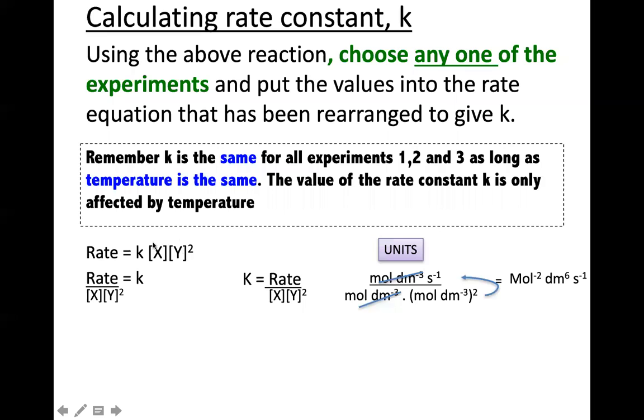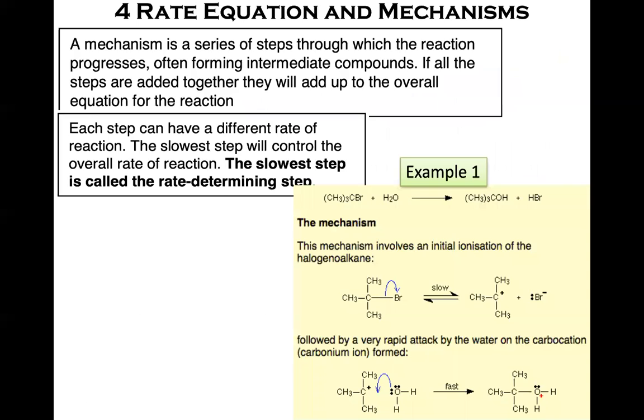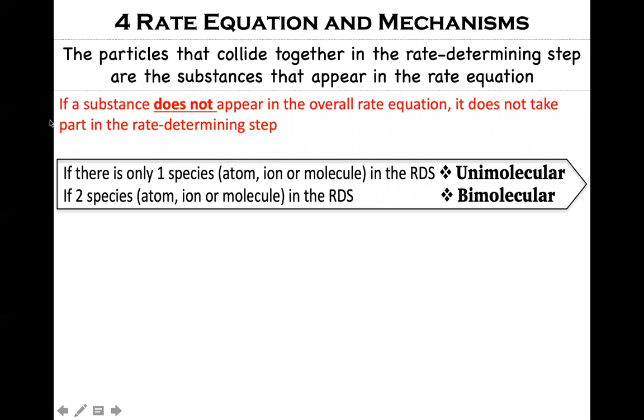That means in your rate determining step, X and Y are involved as reactants. I'll use examples after this so that you can see. If your reactant does not appear in the overall rate equation, that means it is not in the rate determining step. Anyone who appears in the rate equation is the same species that appears in the rate determining step.